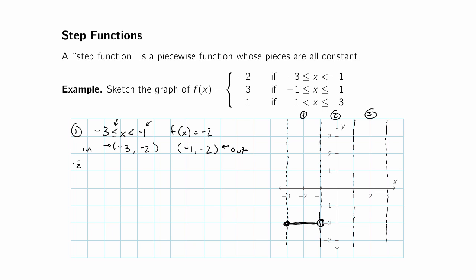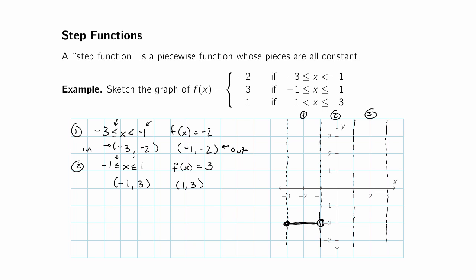On piece number 2, x is between -1 and 1. And on this piece we're told f of x equals 3. So our endpoints are going to be -1, 3, and 1, 3.